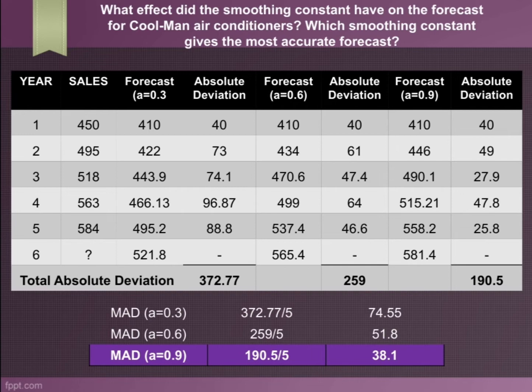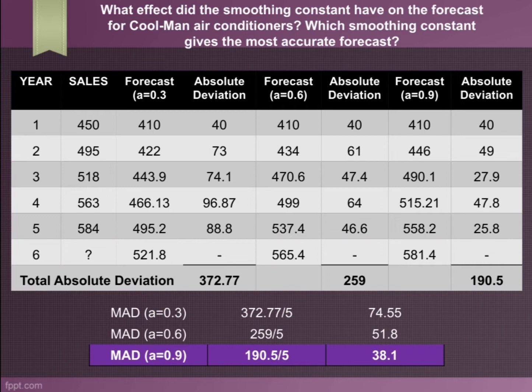As you can see on the third, fifth, and seventh column, we just have to lay down the figures that we have computed in the previous two requirements. So we input the figures of the forecast using alpha 0.3, the forecast in the fifth column using alpha 0.6, and also the forecast using alpha 0.9.